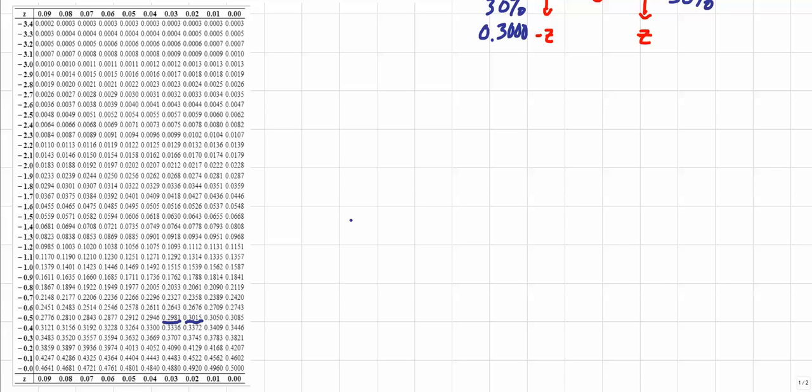Which one is closer to 0.3? Well, 0.2981 is 0.0019 away, and 0.3015 is 0.0015 away. So this value right here is closer to 0.3000. So use the corresponding z-score.